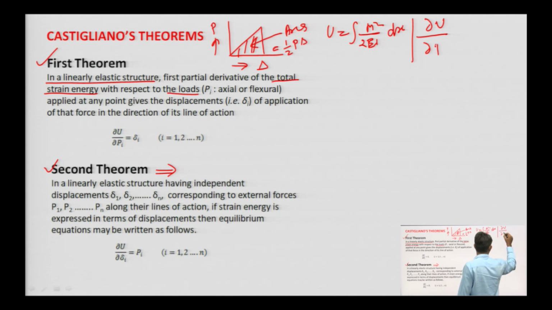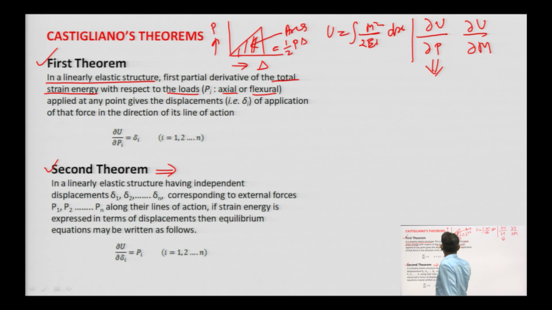The load may be P, or this may be del U by del M, for axial or flexural. So, first derivative means del U by del P.